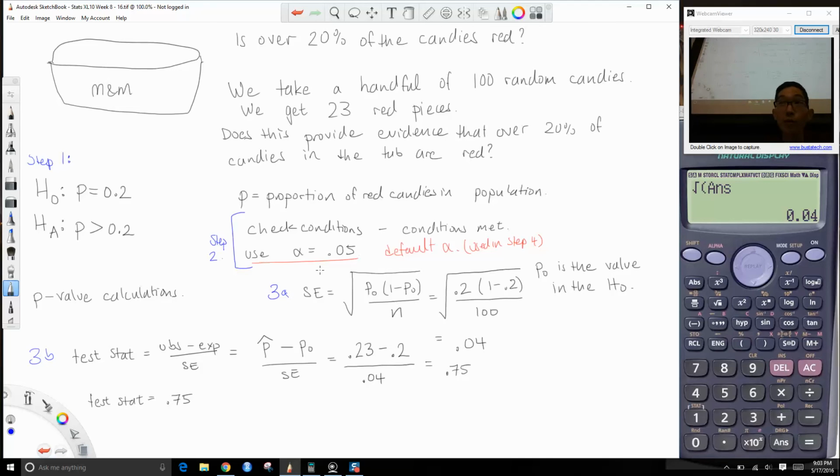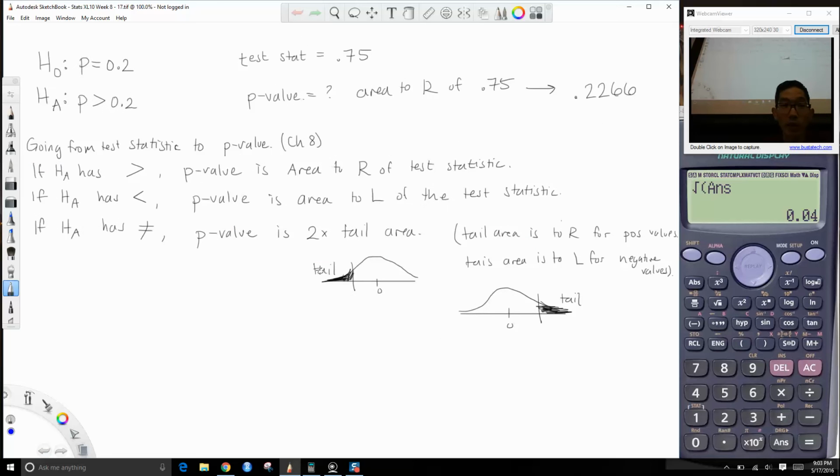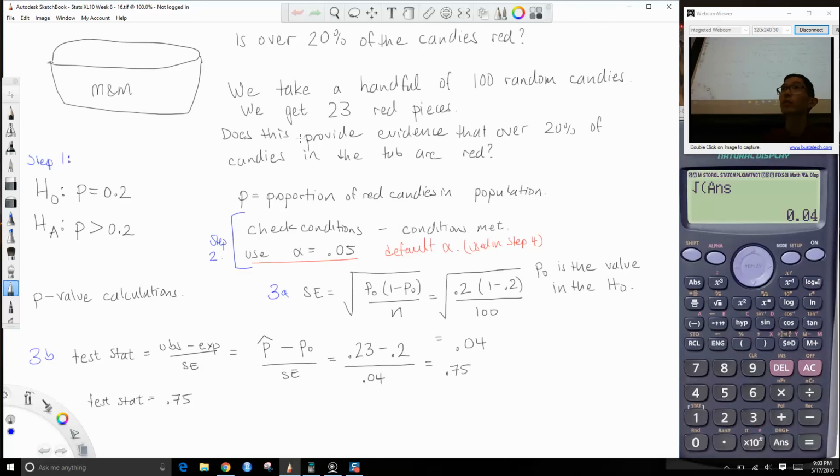Everyone so far so good? 3A is the standard error calculations, 3B is the test statistic calculations, and going from your test statistic to a p-value, that's step 3C.